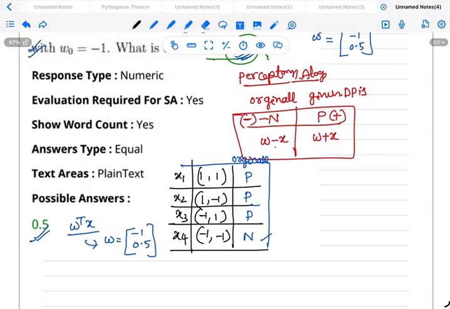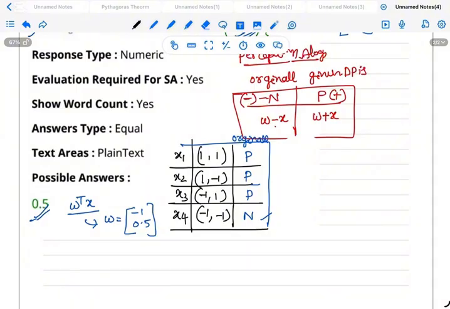So we find W transpose X1, W transpose with the data point X1. W equal to (-1, 0.5) times (1, 1) equals -1 plus 0.5 times 1, that is 0.5 minus 1, equal to -0.5.